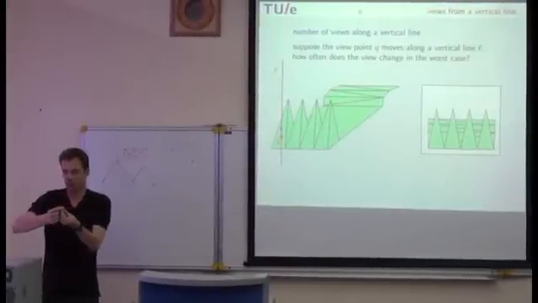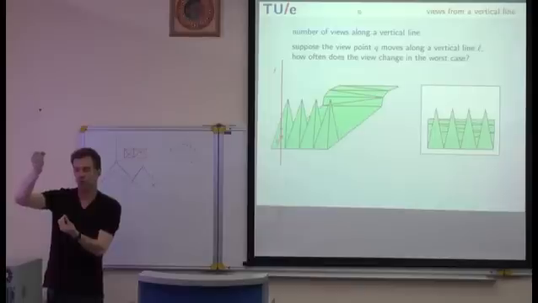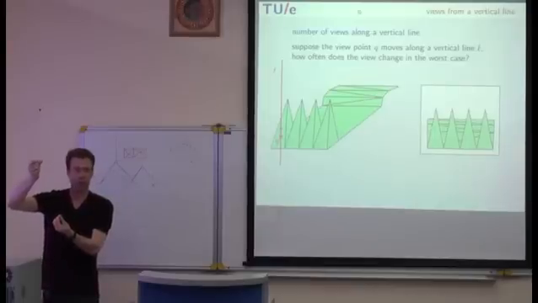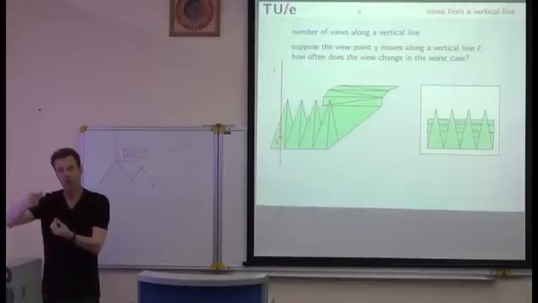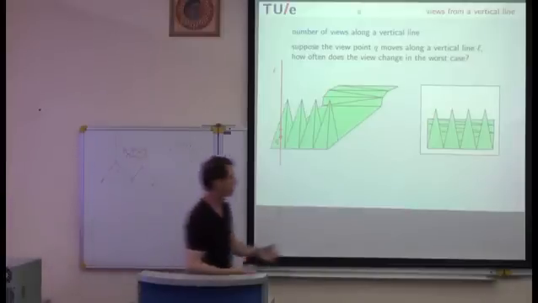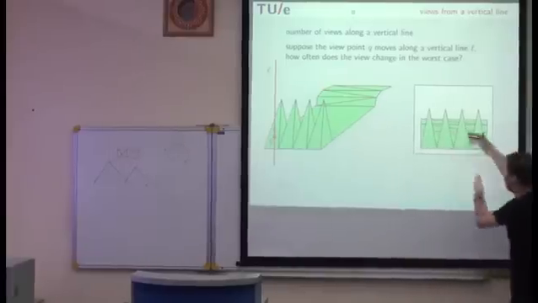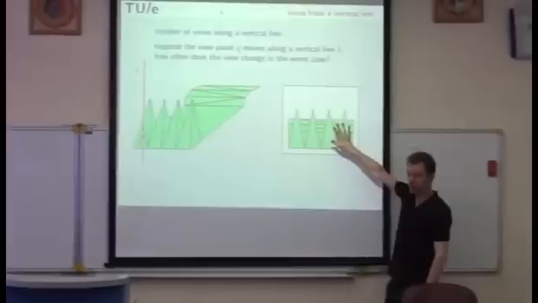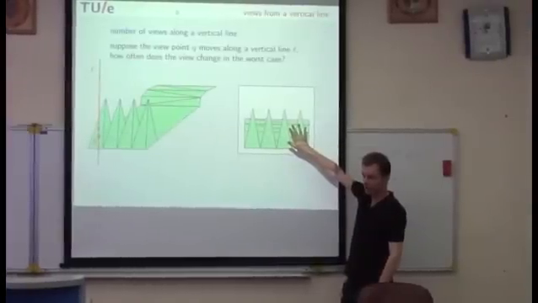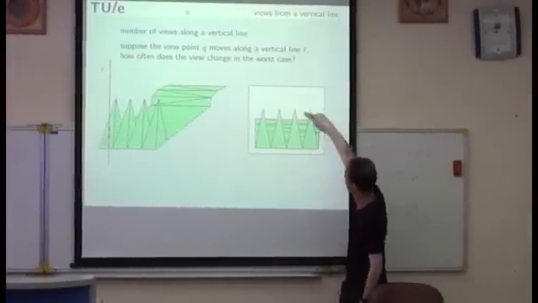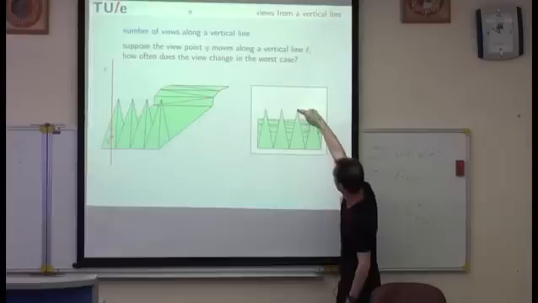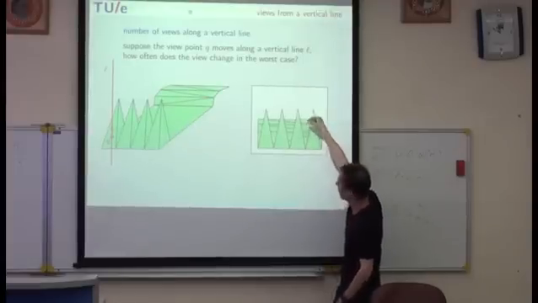Well, the view is changing continuously, but only at certain times the view changes, let's say, in a combinatorial sense. First it changes just a little bit, but the structure of the view is the same. But when you go up, at some point maybe this peak used to be above this edge and now it goes below.